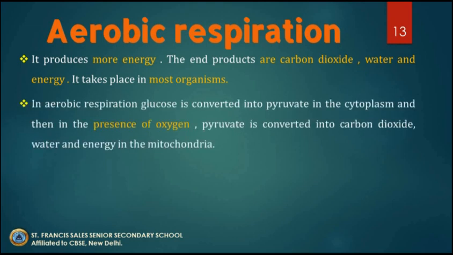In aerobic respiration, glucose is converted into pyruvate. Glucose is a 6-carbon molecule. Pyruvate is a 3-carbon molecule. So the first step in aerobic respiration is the conversion of one 6-carbon molecule of glucose into 3-carbon pyruvate, or pyruvic acid, and it takes place in the cytoplasm.